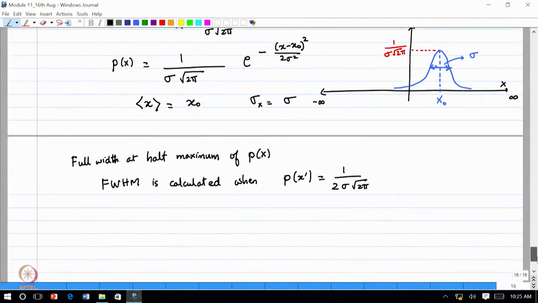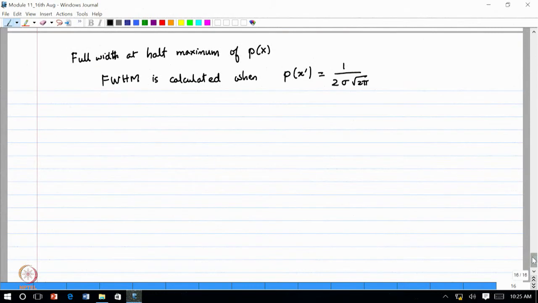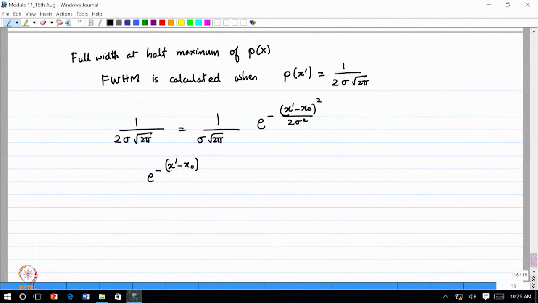So when you have it equal to 1 over 2 sigma root 2 pi, then 1 over 2 sigma root 2 pi is equal to 1 over sigma root 2 pi times e to the minus x prime minus x 0 whole square divided by 2 sigma square.